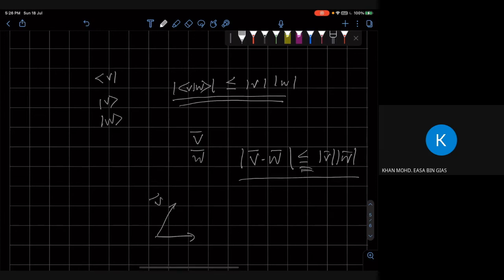If V is like this and W is like this, when will the dot product of these two be greatest? Can somebody tell me? When they lie along the same line. Exactly, right.